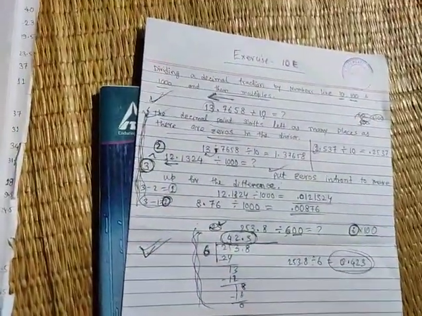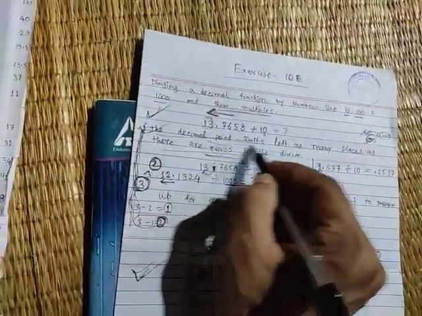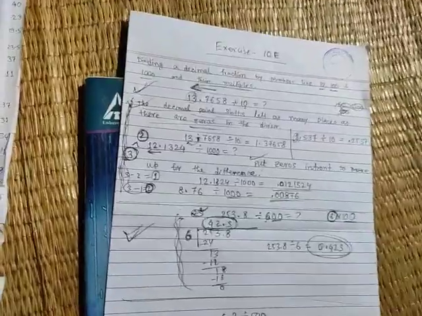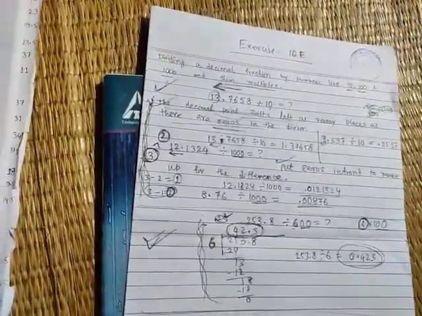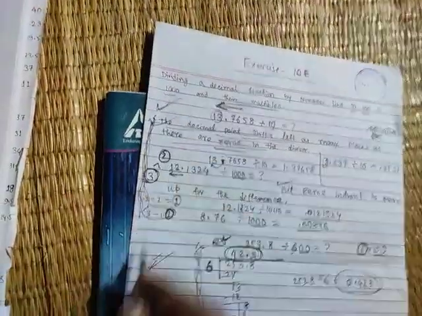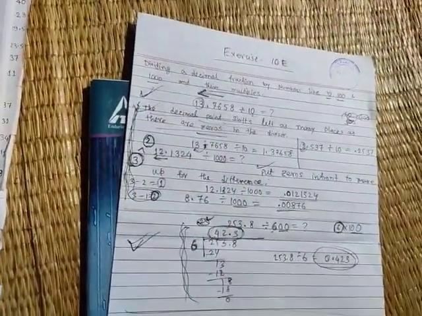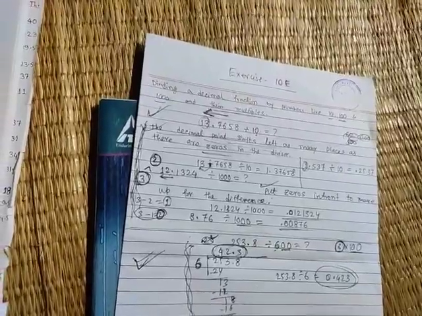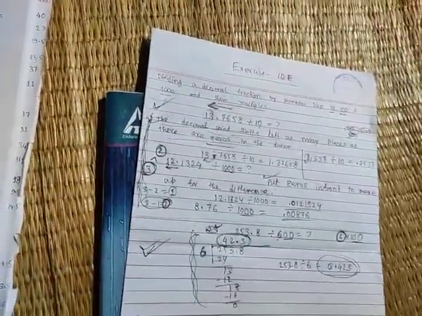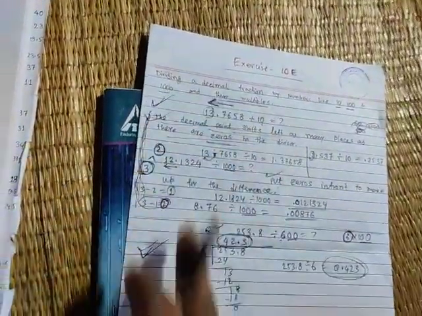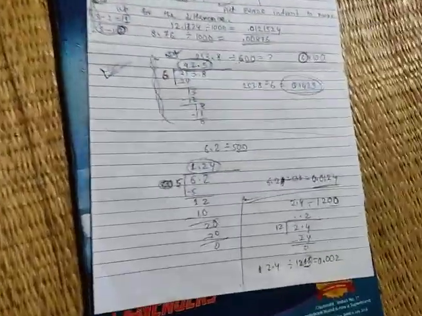You don't need to do the division, just shift the decimal point to the left. Remember, for multiplication I have to move from left to right, but for the division you have to move from right to left. Okay, so now you can do all the sums in this exercise.